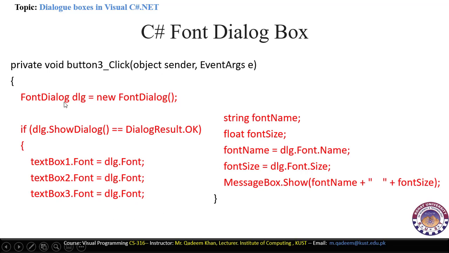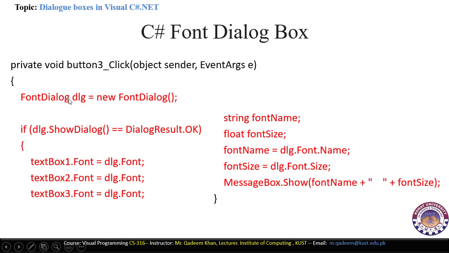Now this is the main code where we will implement the font dialog. When button 3 is clicked, then the font dialog object will appear. So first of all, FontDialog dlg is equal to new FontDialog. This line declares the object, and when the object is created, the constructor is called in fact, and the constructor will display the font dialog.